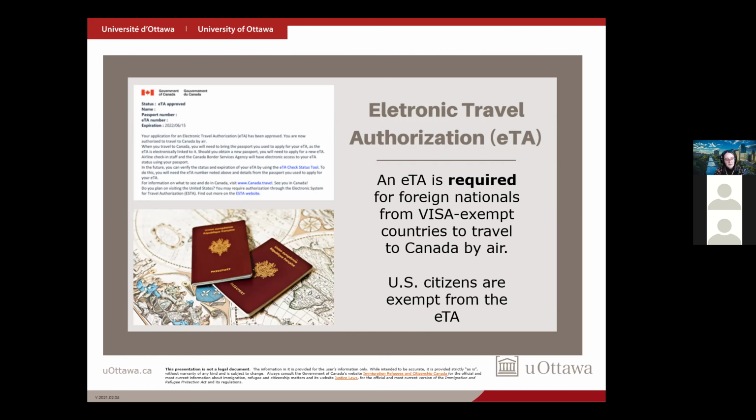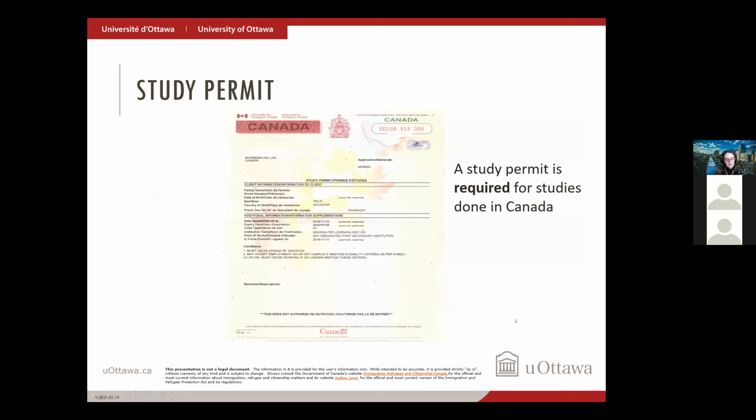But when your study permit application is approved, you'll have the ETA number indicated on that letter. And that's all you'll need. You just know it's linked to your passport. And as I mentioned, US citizens are exempt from the ETA requirement, and also the TRV requirement.